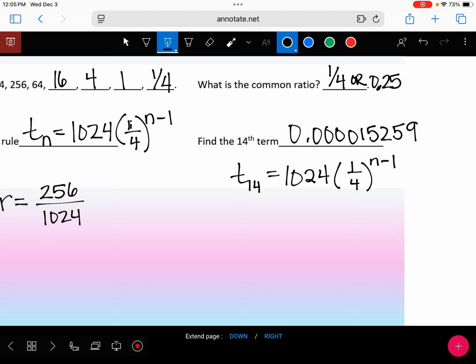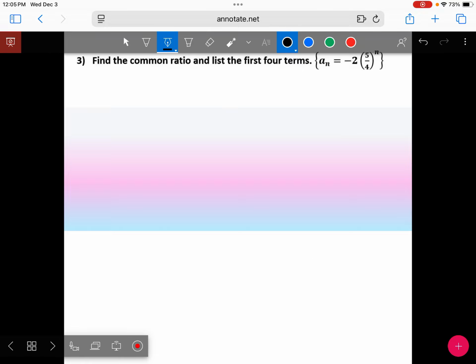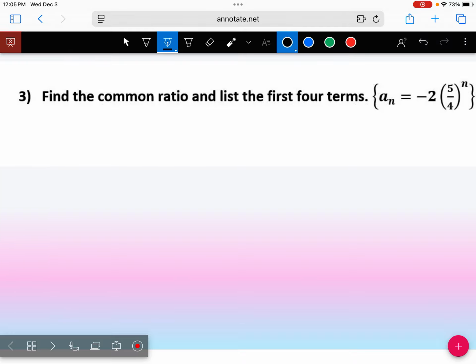Okay. Go ahead and do question number, oh, no, we're gonna do 3 together. Let's do 3. So looking at this rule, what is the common ratio? Is it going to be -2 or is it 5/4?